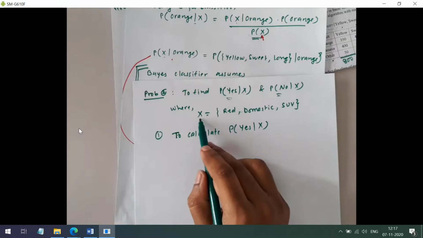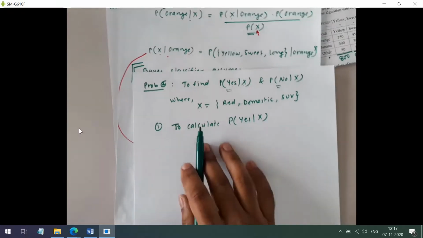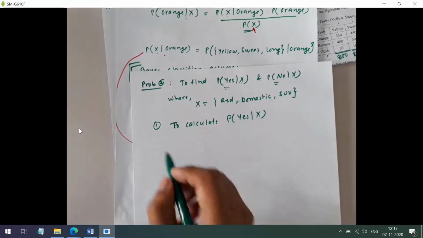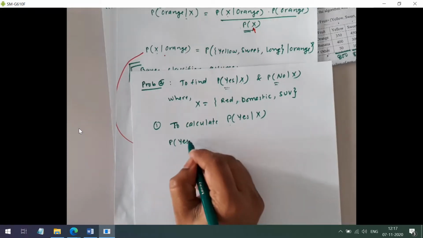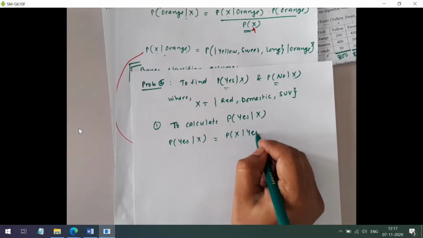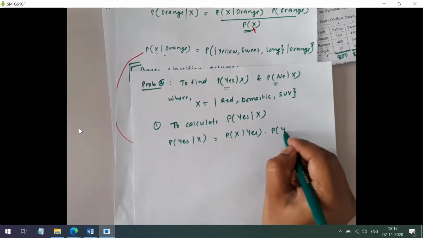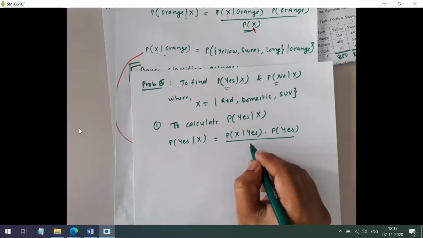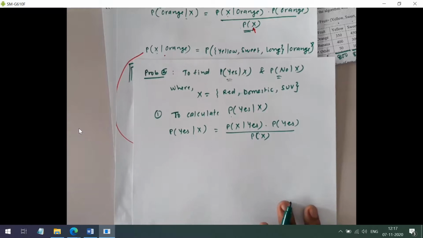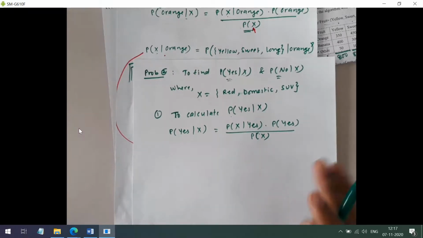And this is our given instance. First we will start solving for this probability. So probability of yes given x equals probability of x given yes into probability of yes, divided by the denominator of this term, that is probability of x. We will follow the same procedure.